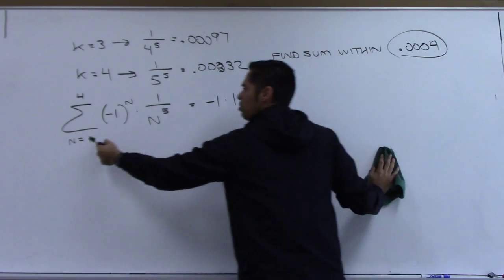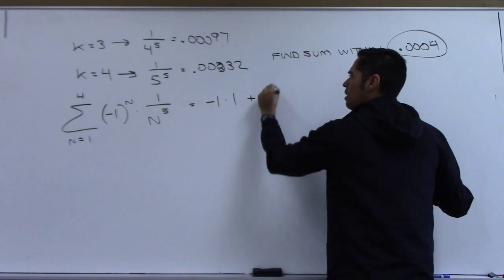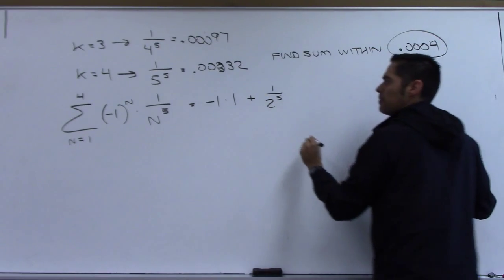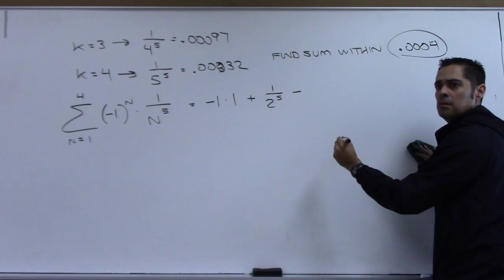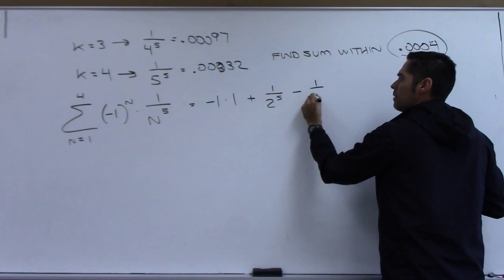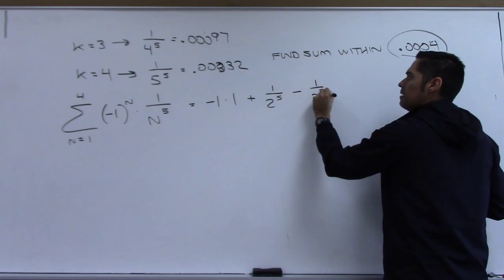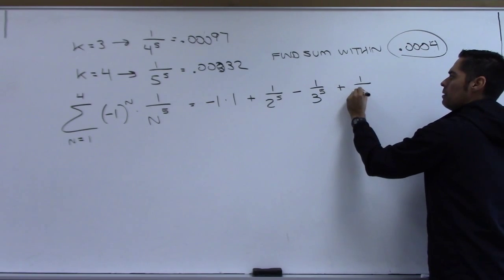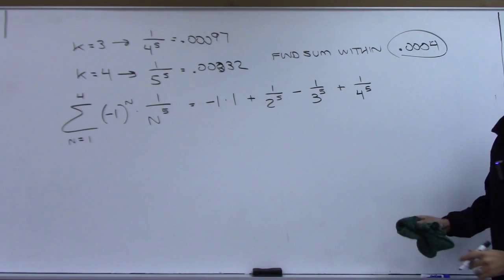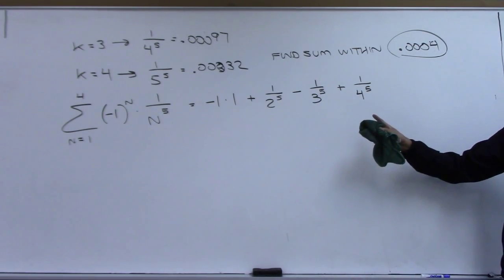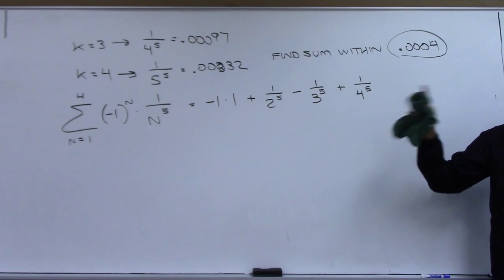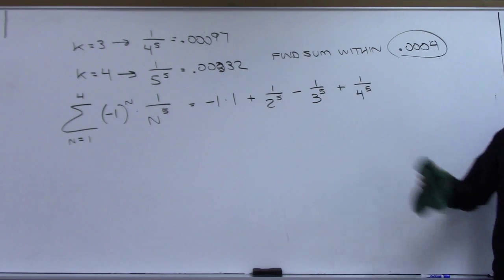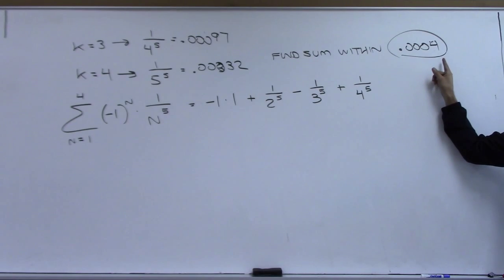Plus, now plug in 2, that's squared, so it's positive, 1 over 2 to the 5th. The next one will be minus, won't it? And it's 1 over 3 to the 5th. And then plus 1 over 4 to the 5th. That's the sum of the first 4, isn't it? If I add these up right now, I guarantee you my answer is within 3/10,000ths of the true sum.